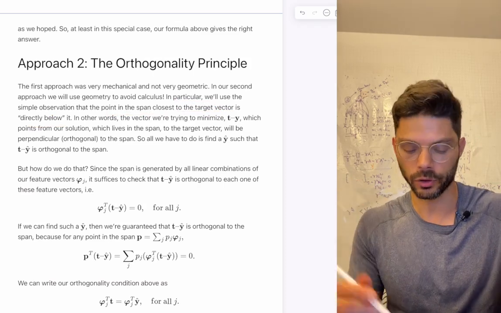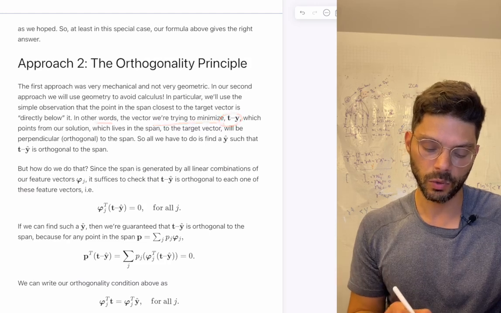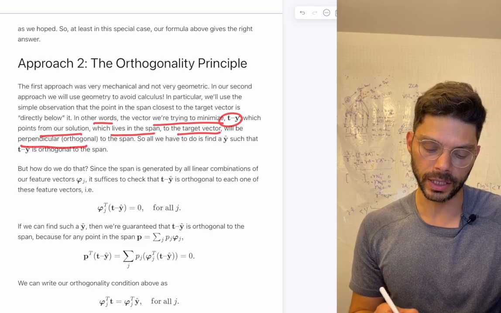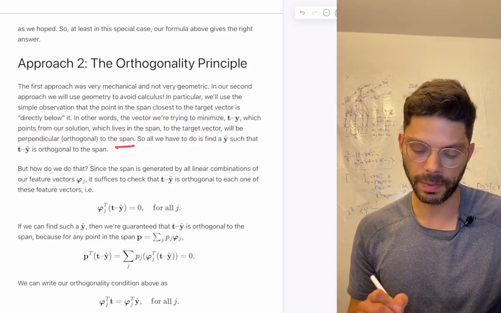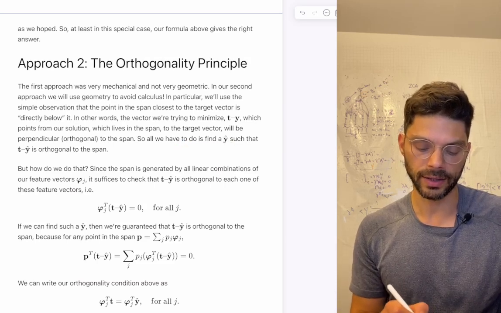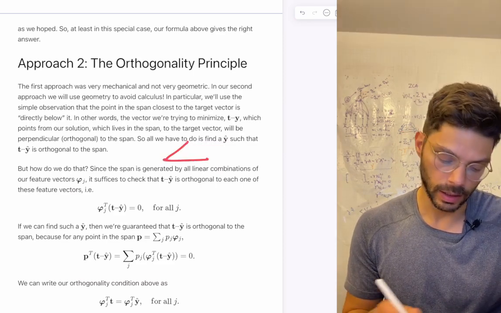In other words, the vector we're trying to minimize, t minus y, which points from our solution in the span to the target vector, will be orthogonal to the span. So all we have to do is find a y hat such that t minus y hat is orthogonal to the span. Let me draw this out.